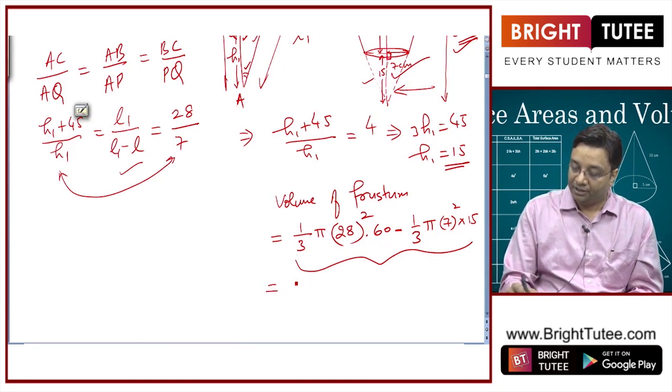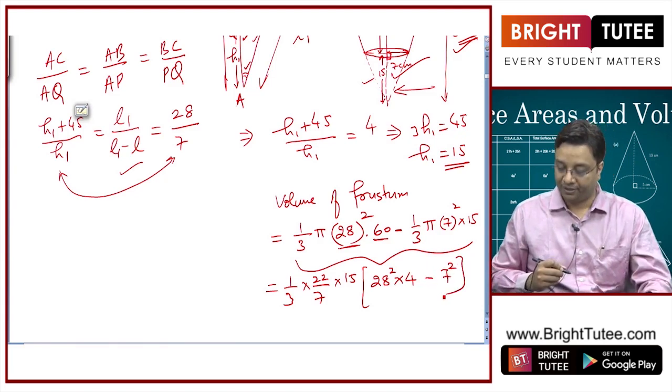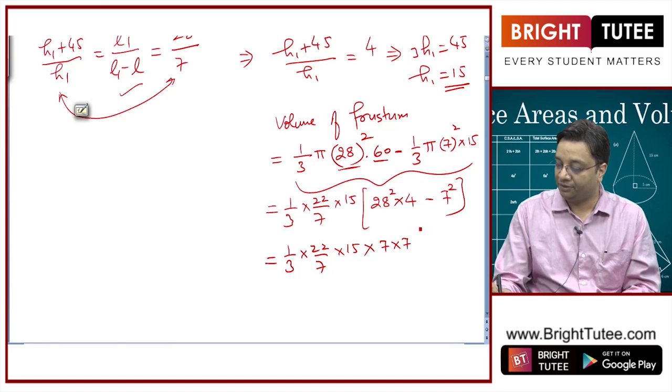So this will be equal to 1 by 3, pi can be written as 22 by 7, and 15 can also be taken as common. So inside I will have 28 square into 4, and here I will have 7 square only. To further simplify, we can take 7 square also as common: 1 by 3 into 22 by 7 into 15, and 7 into 7 taken out.